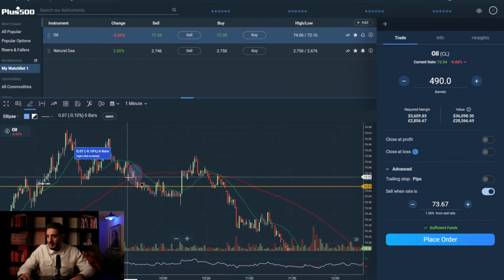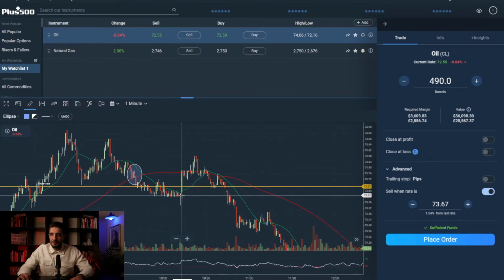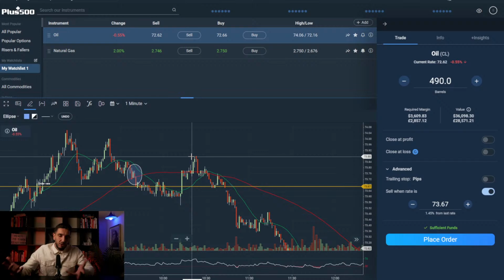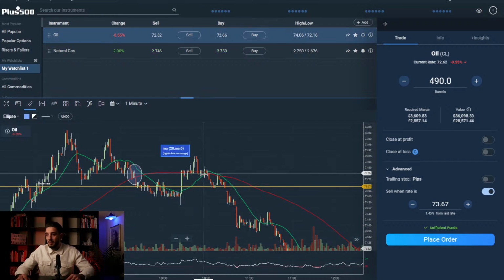Then we continued a slight down sell, and we met some support along the way right here at 73.60 per barrel. We then had the spike testing the 100 MA as a resistance, and then we broke above that. I closed my trade, £69 loss, and then we broke below that.